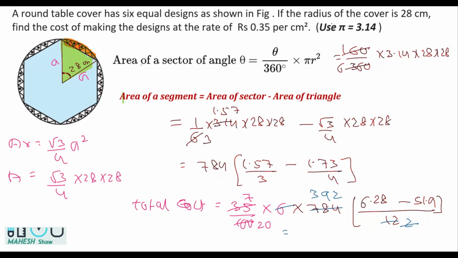So what we are left with now is 7 multiplied by 392 over 20.